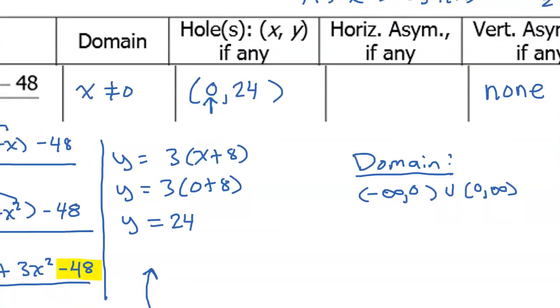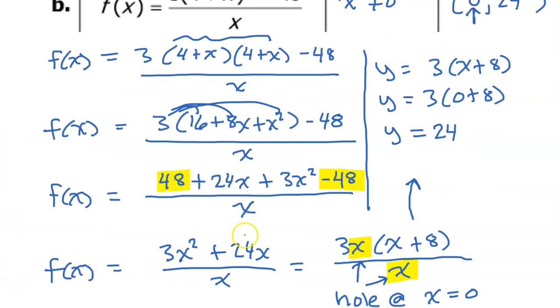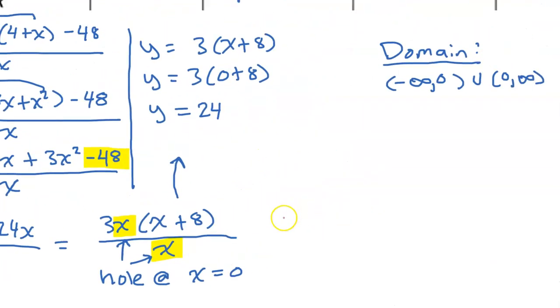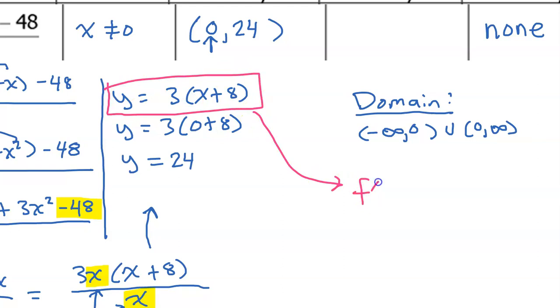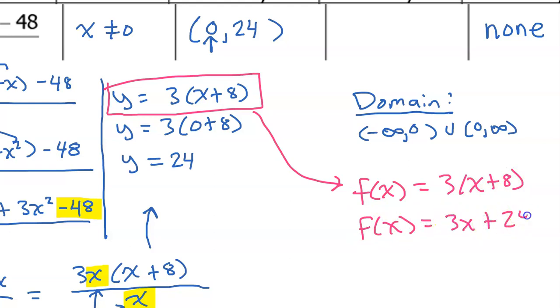So let's talk about horizontal asymptotes. Now that we have taken out the hole, we simplified everything down and we crossed out the x. What we are left with is this. I'm just going to recopy that over here. We're looking at f of x is equal to 3 times x plus 8, which really means f of x is equal to 3x plus 24.